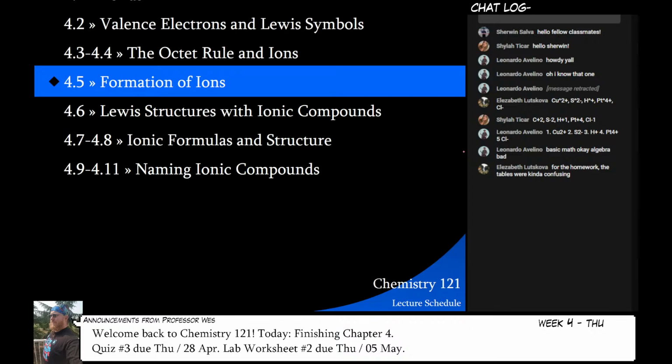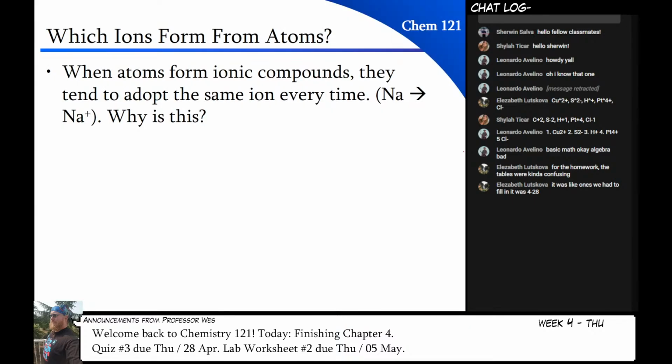All right, so let's make some ions with the idea in mind that, hey, I want to achieve the octet rule. Now, the reason that atoms will follow the octet rule is because, as we said on Tuesday, they want to be stable. In other words, they want to be unreactive.